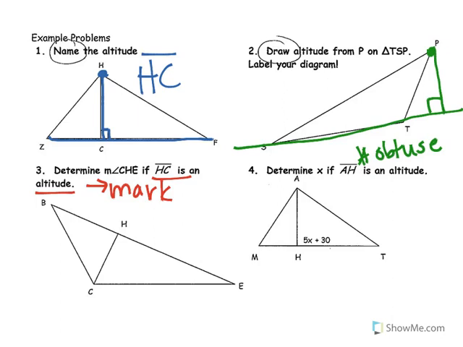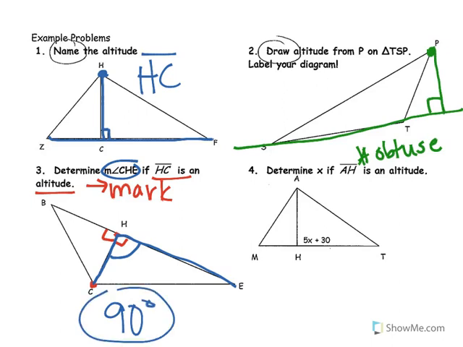If HC is an altitude, that means I'm going from C to H. That means my vertex is C, and I'm perpendicular to the opposite side, so both of these are right angles. And now I want to find the measure of CHE. Well, that means from C to H to E, I want to know this angle, which since we've already marked the diagram, it's right there for us, it's 90 degrees, okay?